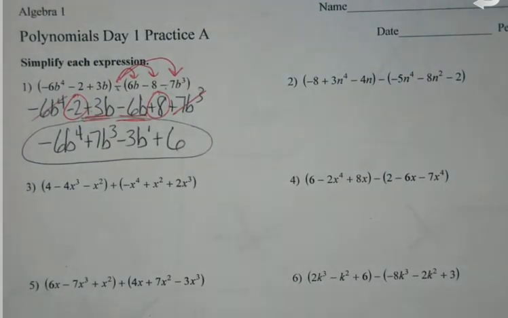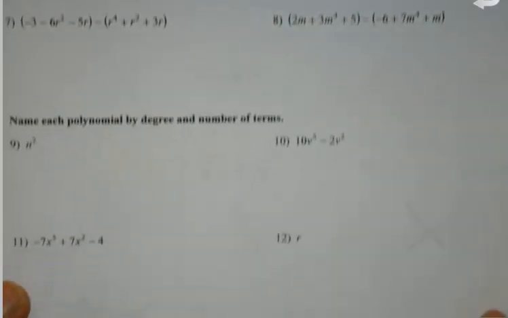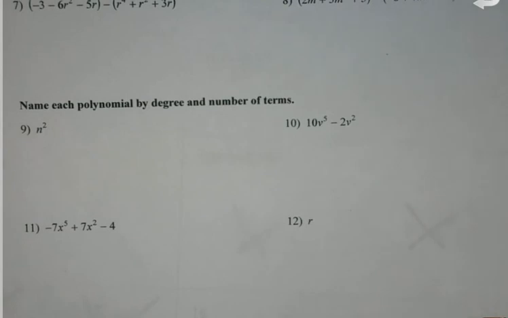And then I wanted to review a couple of the things from yesterday, either because you got some people that aren't here, or maybe you forget about something. So if we roll down here towards the bottom of this front page, okay, name the polynomial by degree and number of terms. Okay, so let's say we were doing number 10.